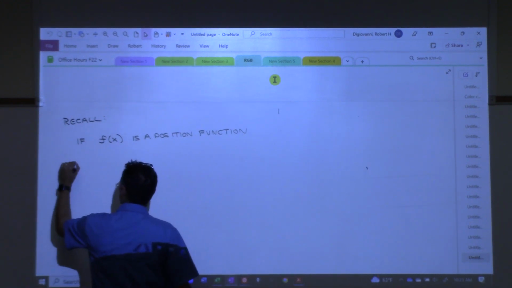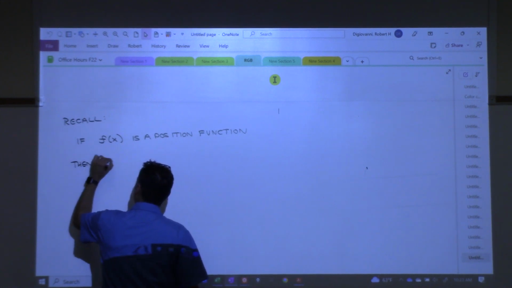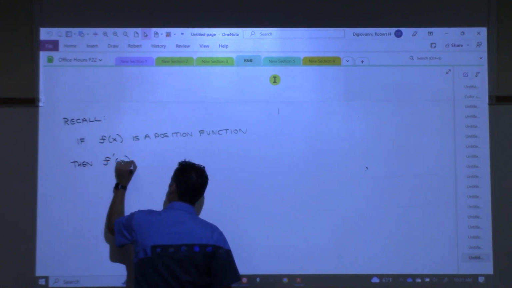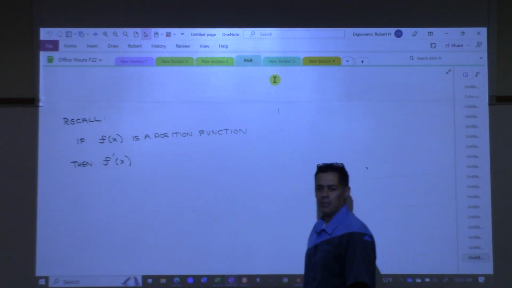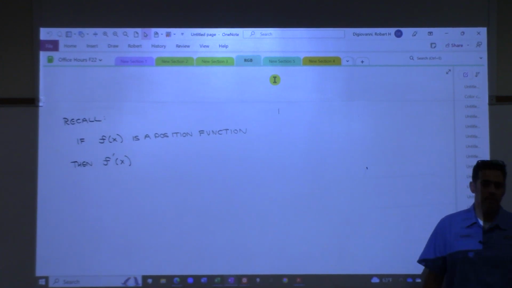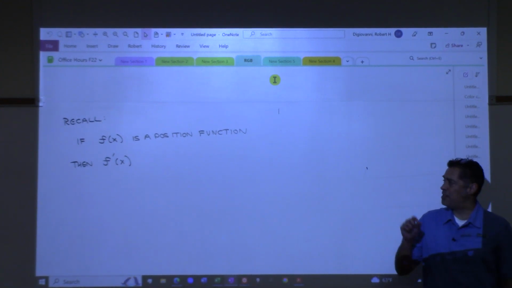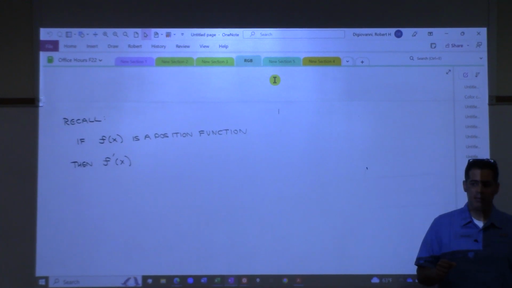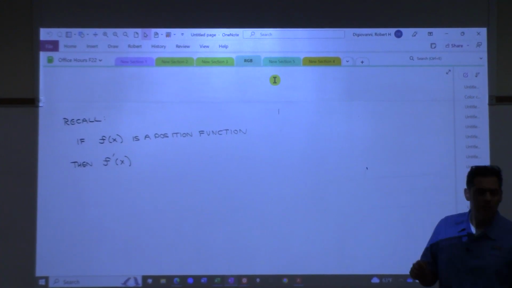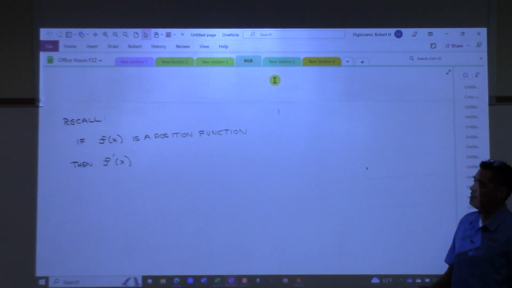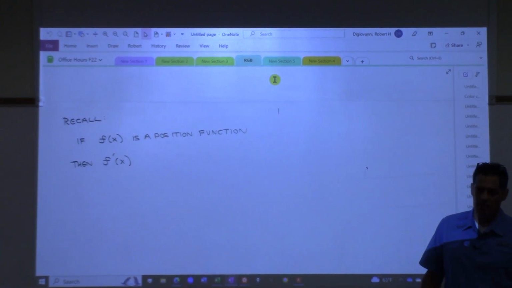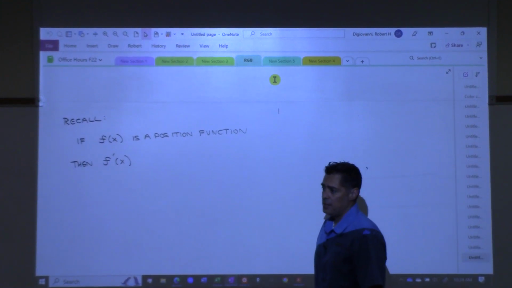Then what did we learn about what its derivative meant or represented? What would the derivative of that function be? So position is f. What's the derivative then? Something over time? Yes. Distance over time, which is speed or velocity.